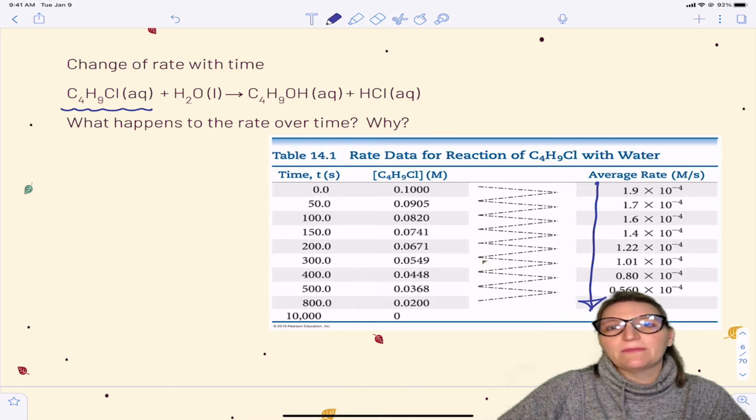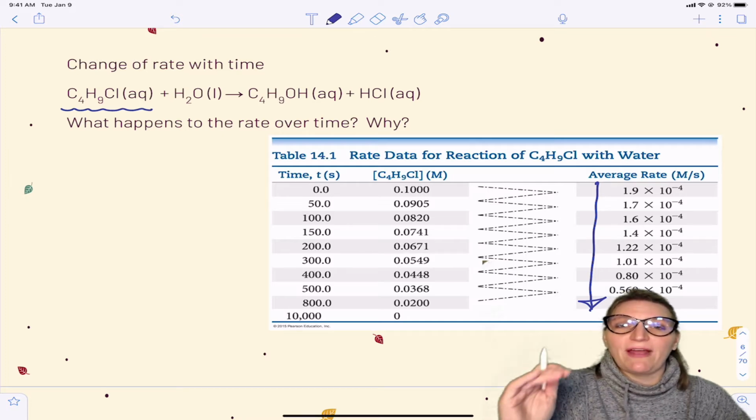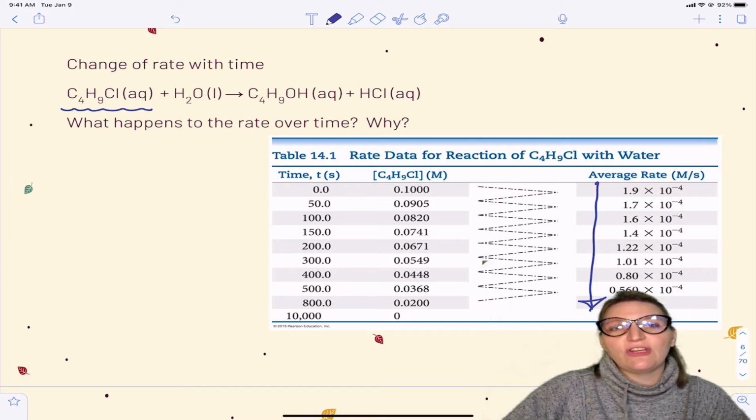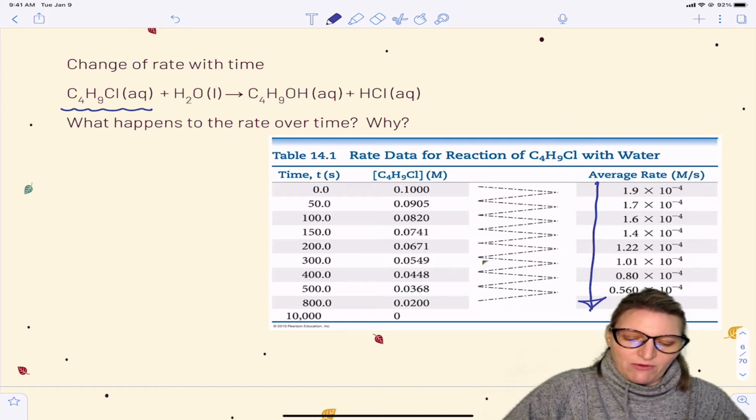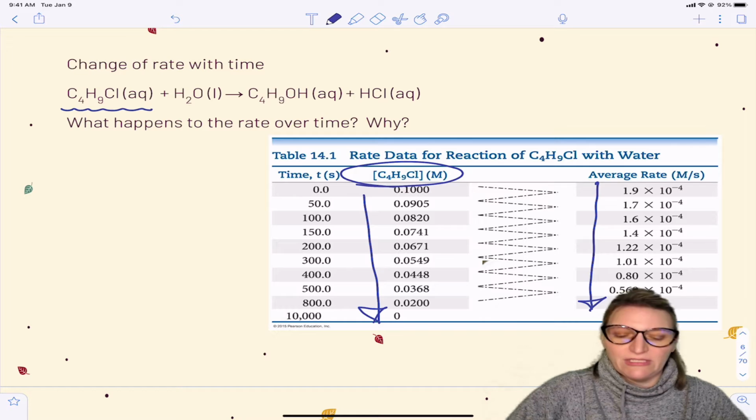The rate goes down. Why would the rate go down? The rate's going to go down because one of those four factors that we put on that first page changes, and that's the concentration of the reactant. Remember that C4H9Cl is a reactant. As time goes on, the concentration of that decreases, therefore the rate decreases.